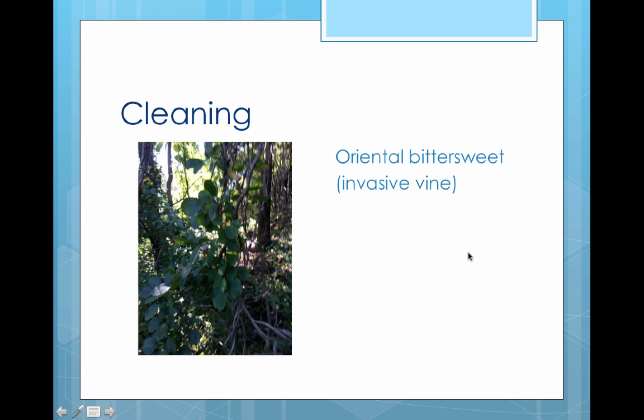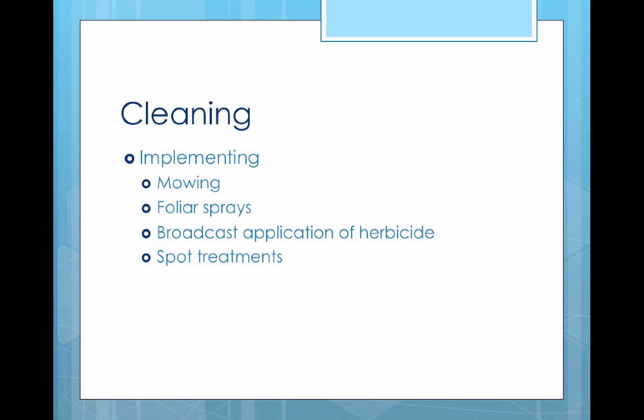While not a tree, Oriental bittersweet may have developed in your stand and may be approximately the same age as the trees that you're trying to regenerate. So same age class, but it may be impacting your regeneration because it's a vine, it's invasive, it can crawl, it can decrease growth. So you may choose to clean this up to remove this.